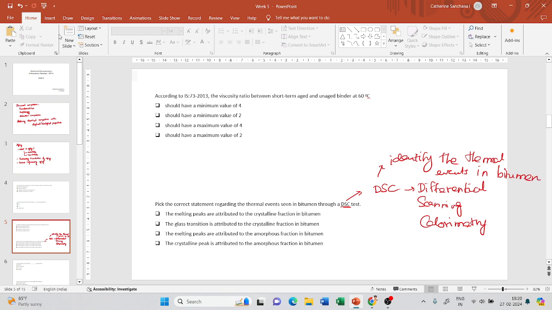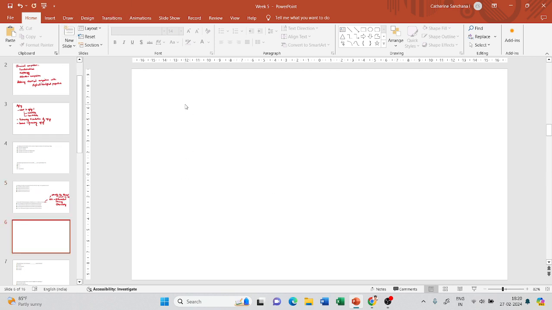Now, let us see a few thermal events. What do I mean by thermal event? It is like observing the heat flow in a sample with changes in temperature.